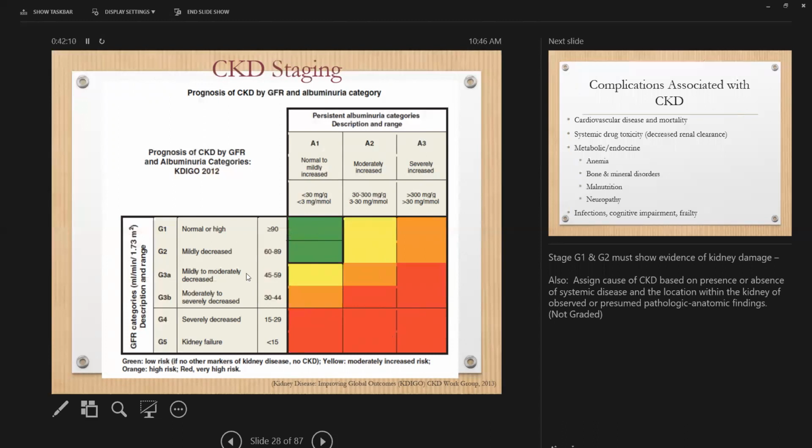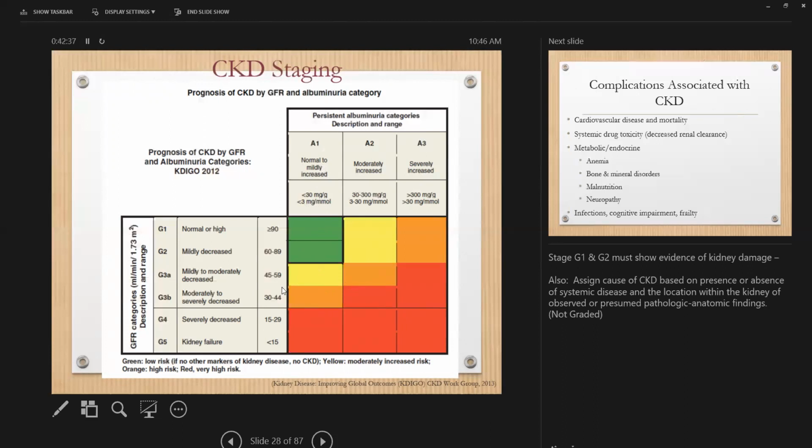Okay, so over here on G3A, mild to moderately decreased GFR, so the 45 to 53. Okay, albumin. So if it's normal, it's a mild increase. And if it's less than 30 milligrams or less than 3 milligrams, I'm still in the caution area.